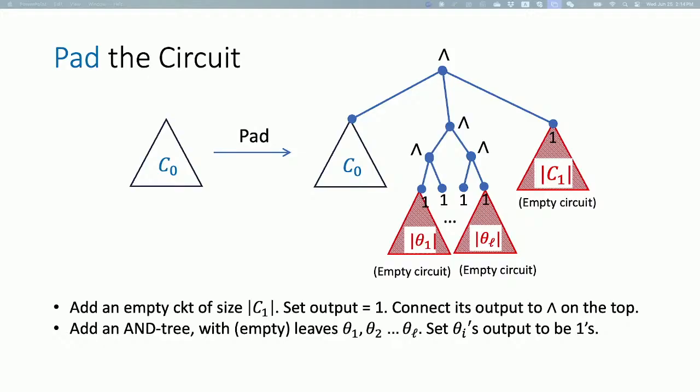Note that all of the additional gates we add are AND gates. So the entire circuit at this moment still computes C0, because it essentially just computes C0 of x and a series of AND gates, an AND of 1s, so it's still C0.